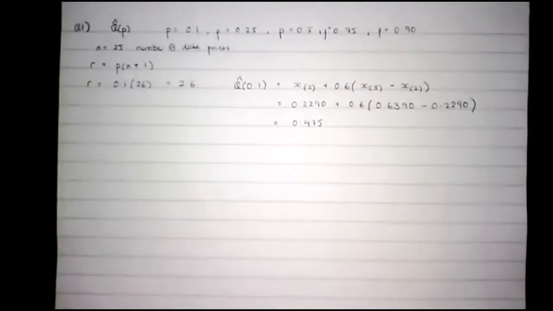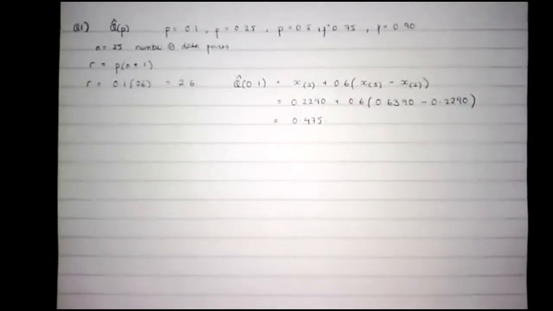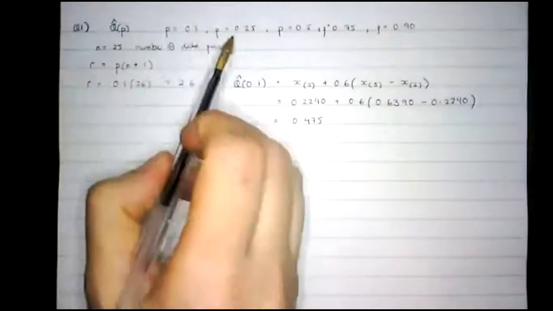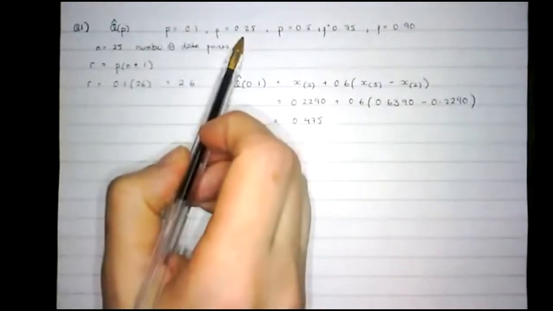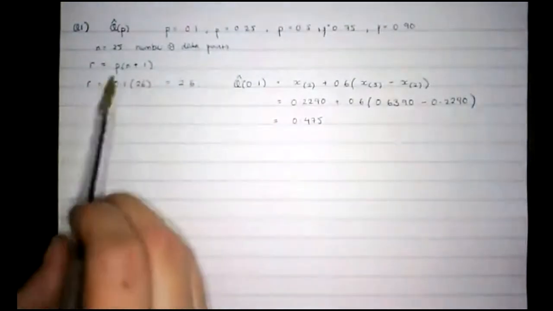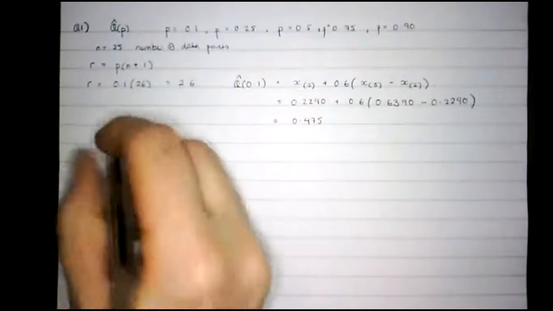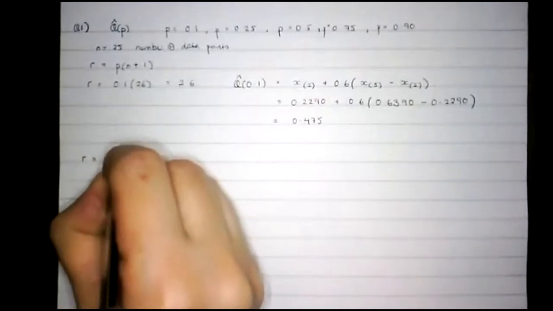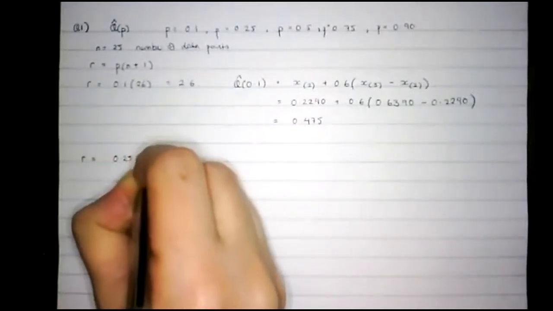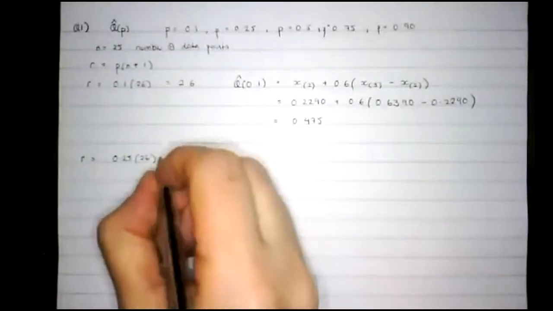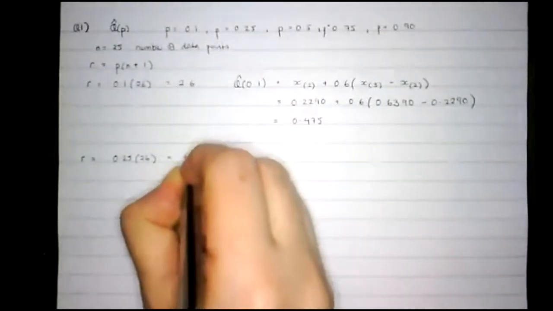So that's nice. We've managed to do one together. So in order to do the 25th percentile, the next one that I've been asked to do, I'm going to need to change P in this formula to 0.25. And I'm going to end up with R is equal to 0.25 times 26, which is 6.5.